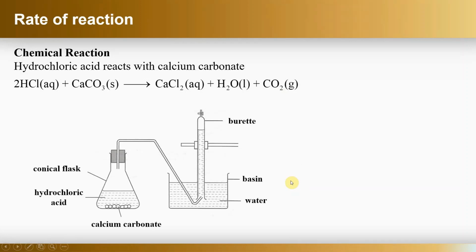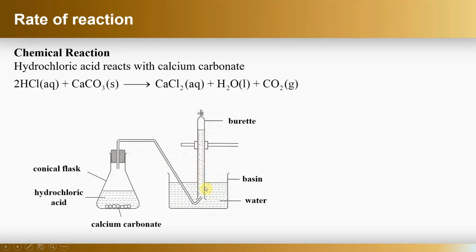To collect gas, we use a method called downward water displacement. We can use a burette to collect the gas, or we can use a measuring cylinder to collect the gas. As time goes by, the volume of gas will increase and the water level will reduce.